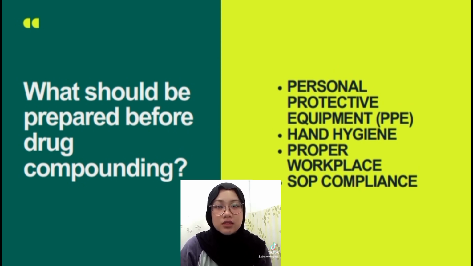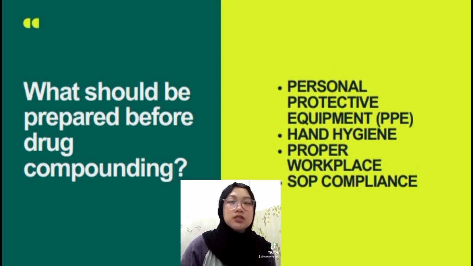Unsafe working conditions can increase stress and reduce focus during work. When safety is not a priority, mistakes are more likely to happen, such as incorrect measurement or wrong drug selection. Applying occupational health and safety procedure is very important to protect health workers, maintain drug quality, and ensure patient safety.